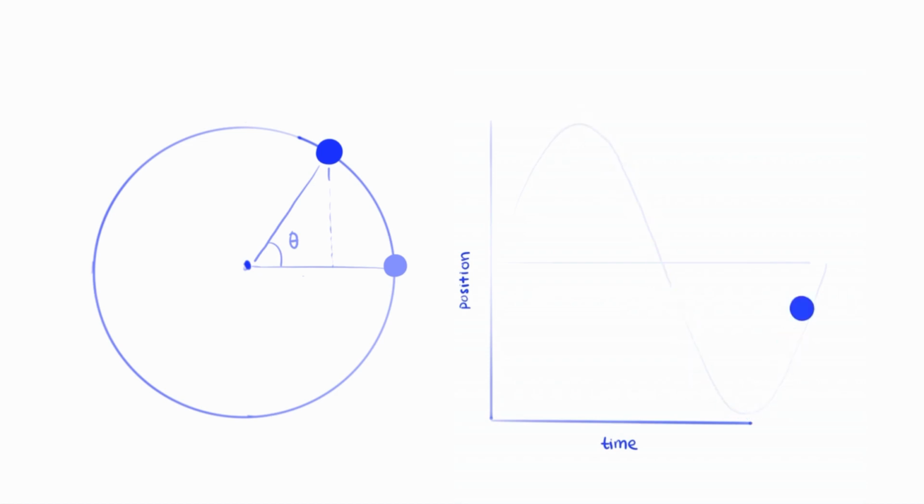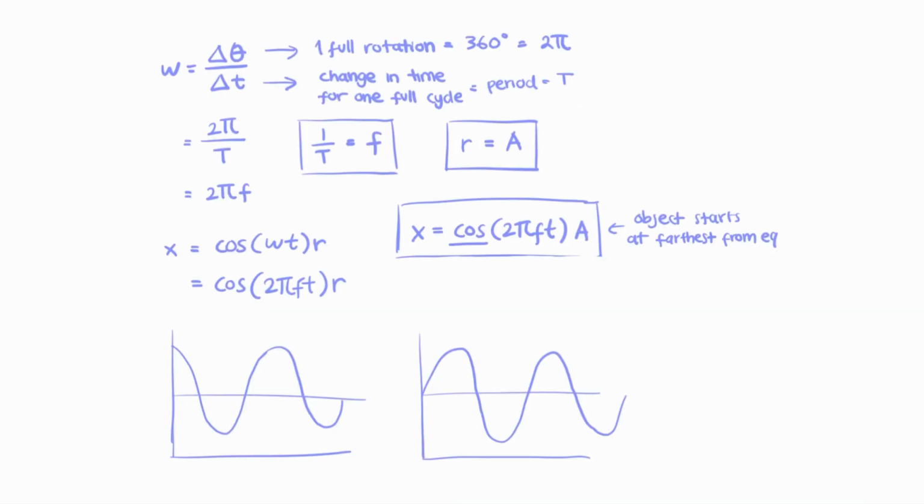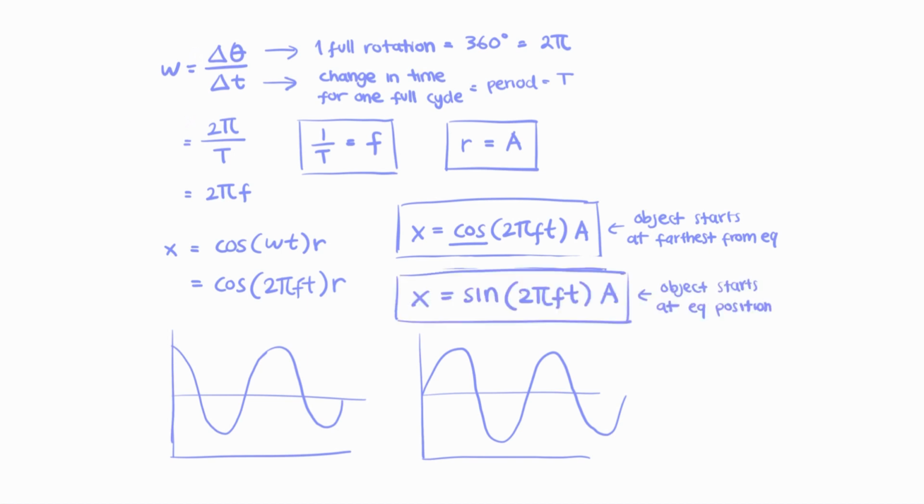In order to use the cosine function, we need to make sure that the object starts at farthest from the equilibrium point, meaning that it's starting at its max position. Meanwhile, if the object starts at equilibrium position, we can use the sine version of this equation.